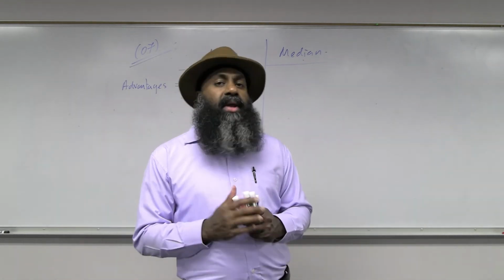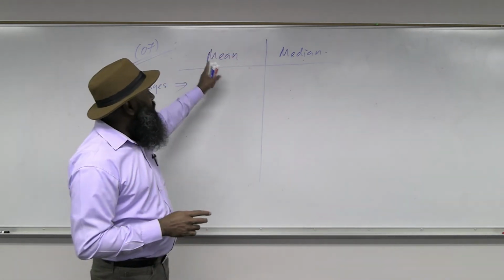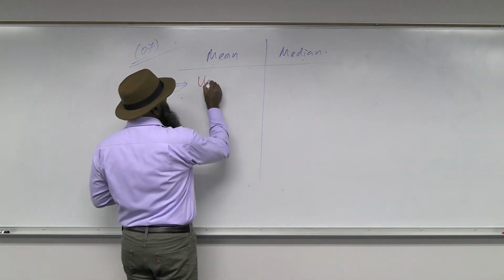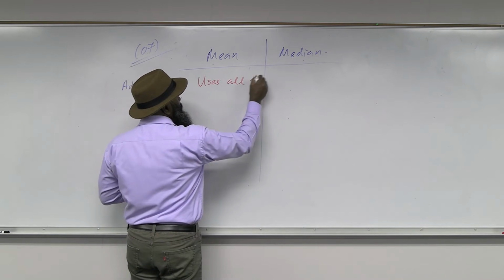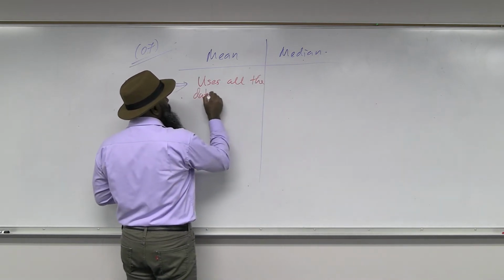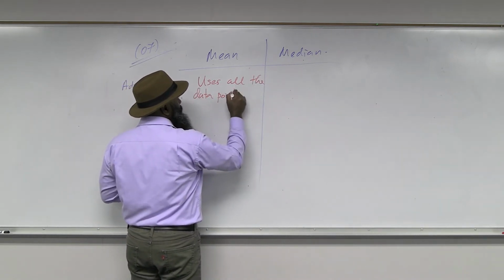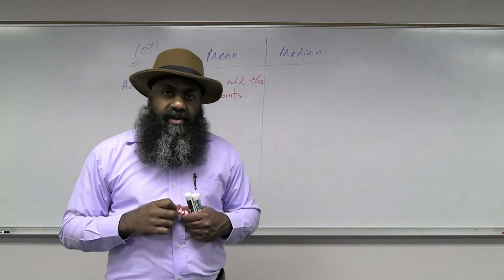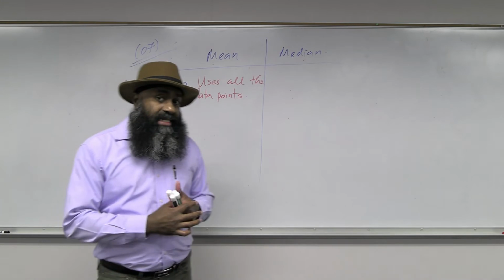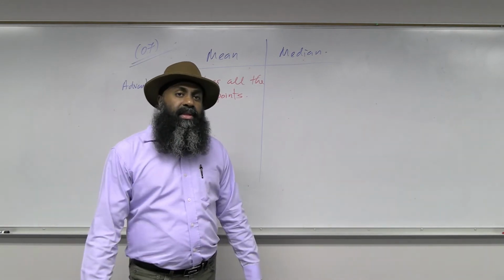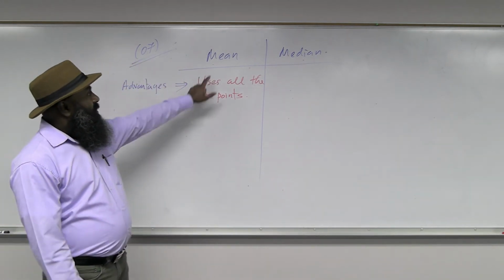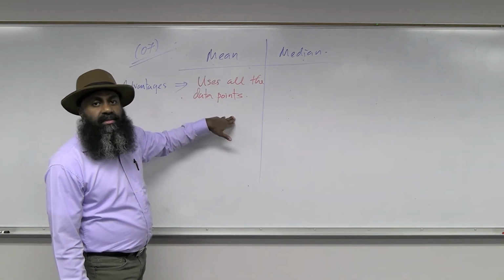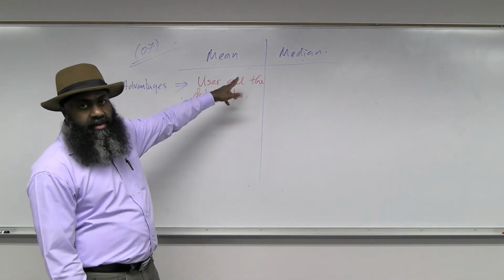It's a very strong advantage that mean has over median. Sometimes the data points are expensive. Collecting one data point may take time and money. So that's the justification: mean uses all the data points to calculate.